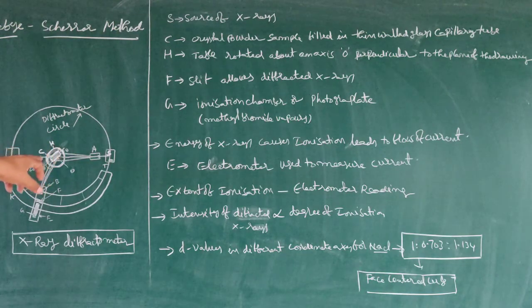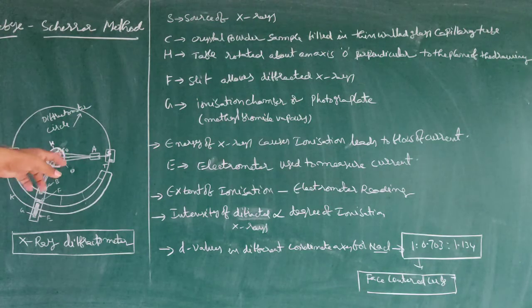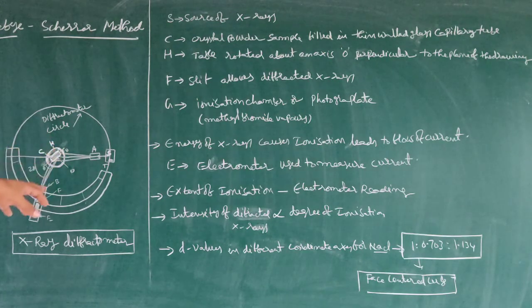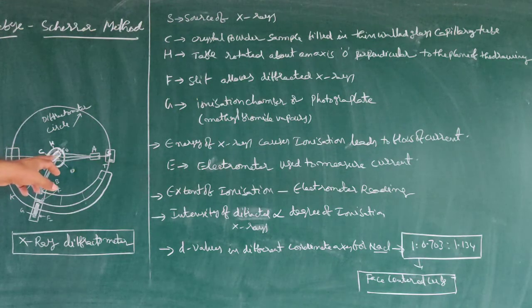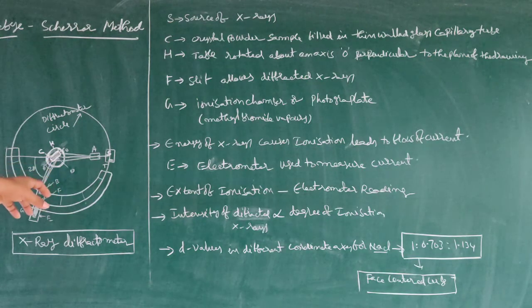This is the table rotating about an axis O perpendicular to the plane of the drawing. Here F is the slit which allows the X-rays. These X-rays pass through the crystal powder. Then they reflect here. These reflected rays can pass through a slit, this is F.